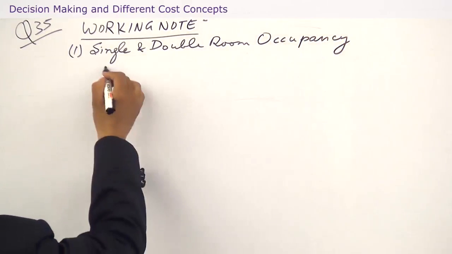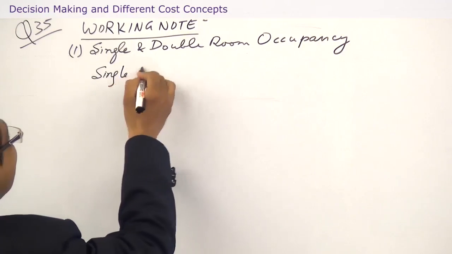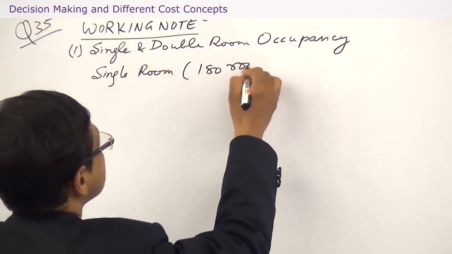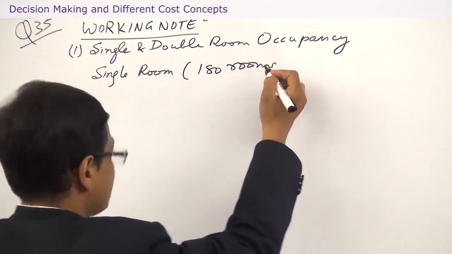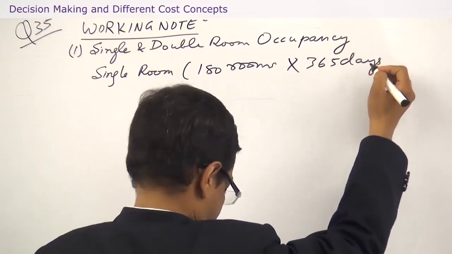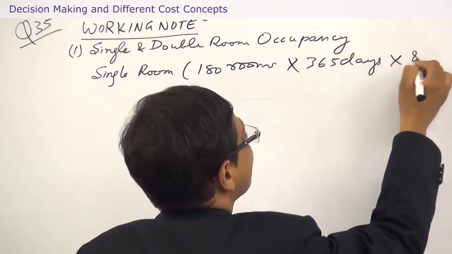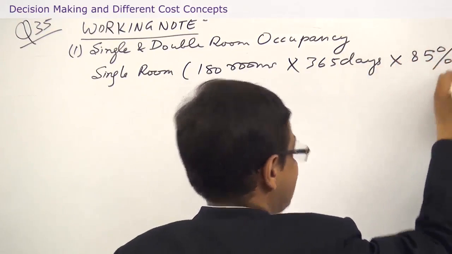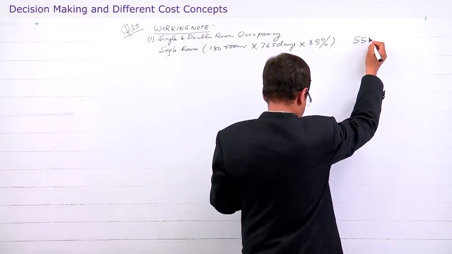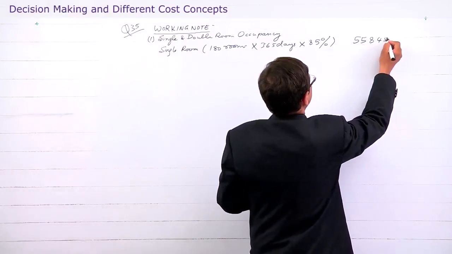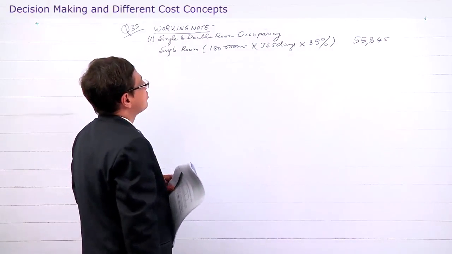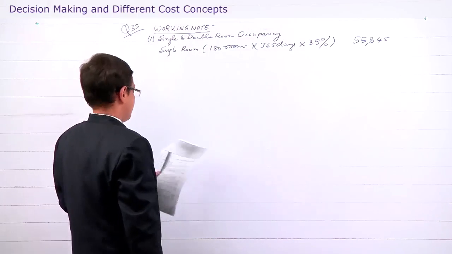So, for single rooms, you have 180 rooms, you multiply by 365 days, assuming 85% occupancy, you have 55,845 rooms available.